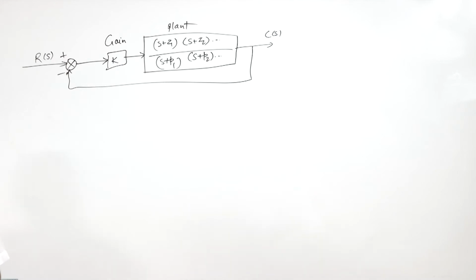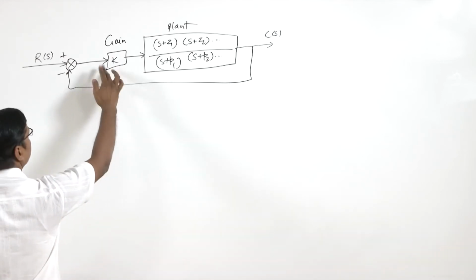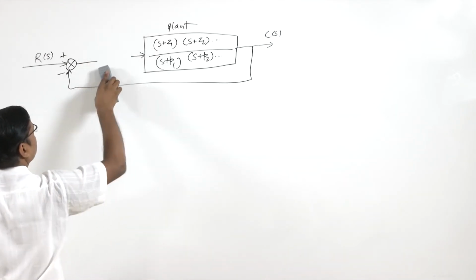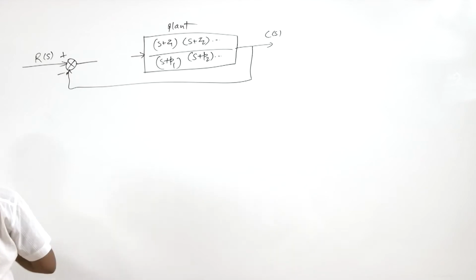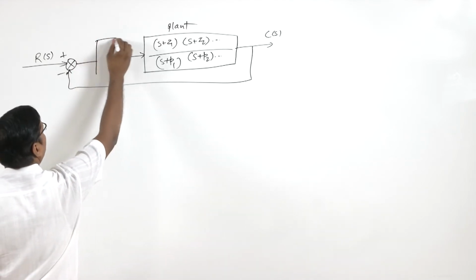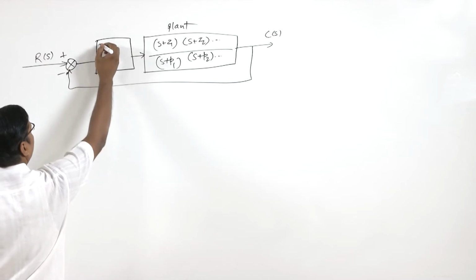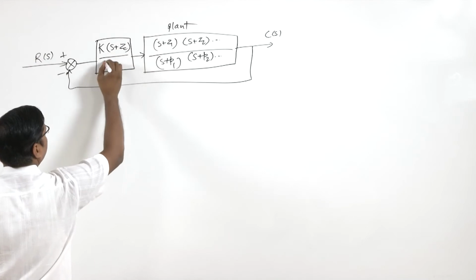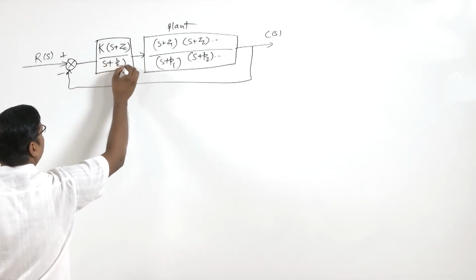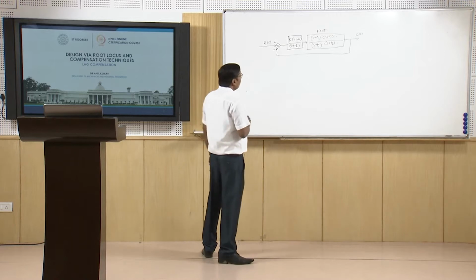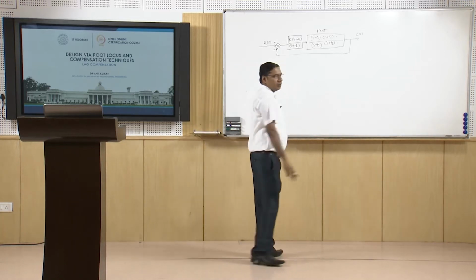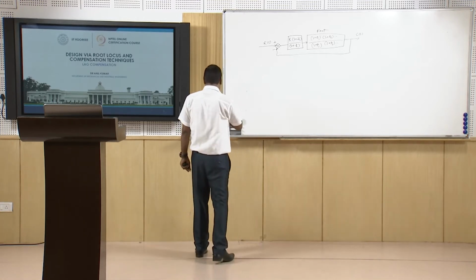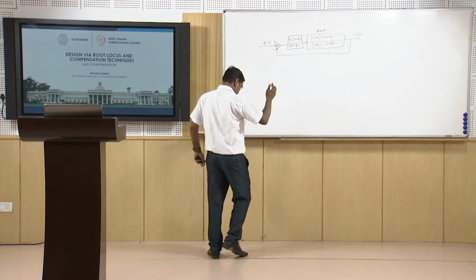We want a compensator here, so we add a lag compensator, (s+zc)/(s+pc). Now we can see that after adding this compensator the system type is not changed.